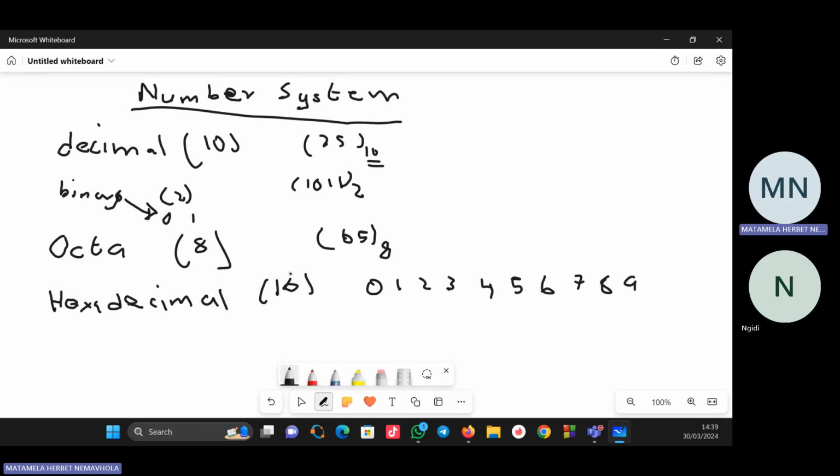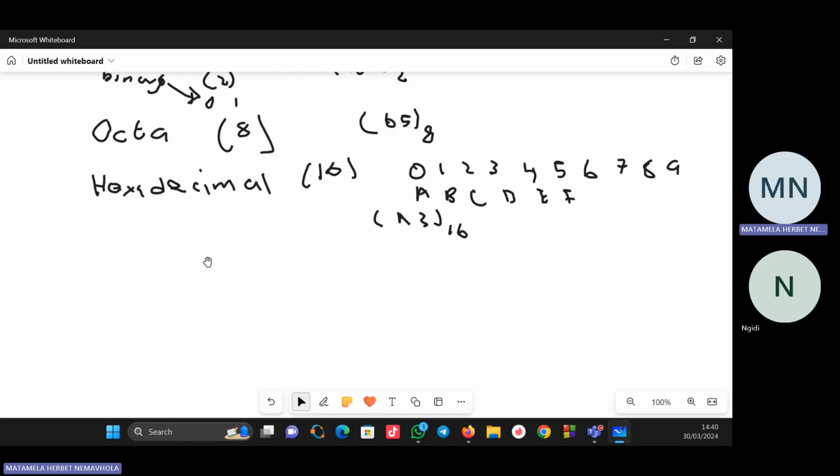Then to add up to 16, 10 is represented by A, 11 is B, 12 is C, 13 is D, 14 is E, and then 15 is F. It ends at F because we started at 0. So normally we'll see something written like A3 with a 16 subscript. You must remember that it's hexadecimal.